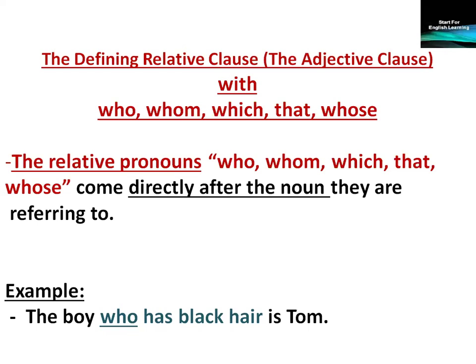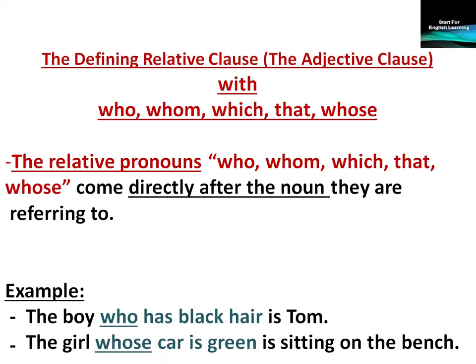The relative clause who has black hair comes next to the boy. The girl whose car is green is sitting on the bench. Whose car is green is giving more description about the noun the girl, and it comes right next to it.